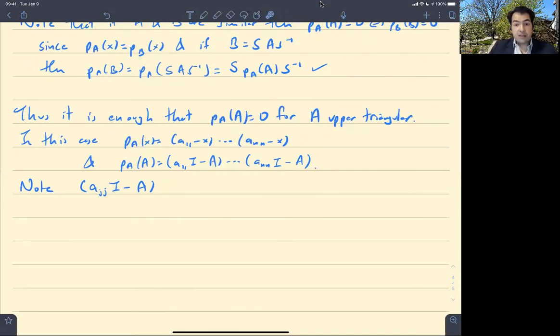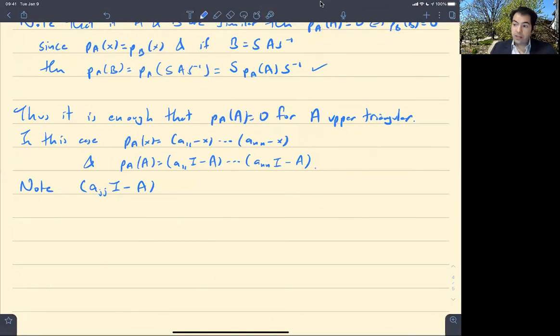And the jth column looks like entry, entry, entry up to AJJ and then zeros. So if I subtract AJJ on the diagonal, then what I have is something above the diagonal, a 0 on the diagonal, and zeros all the way down after that.